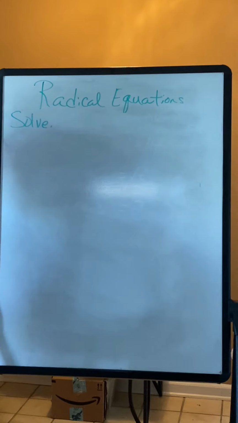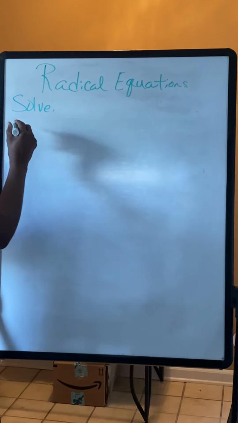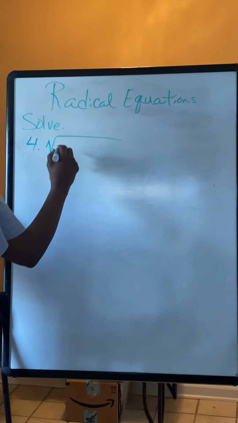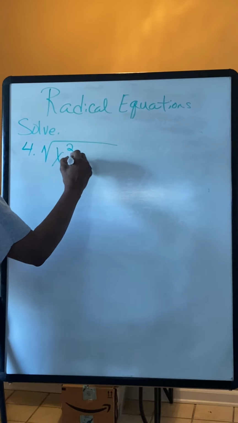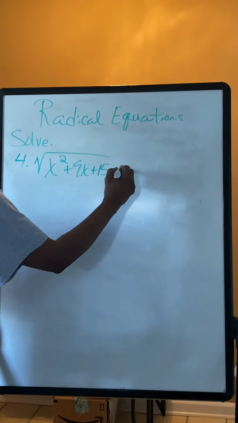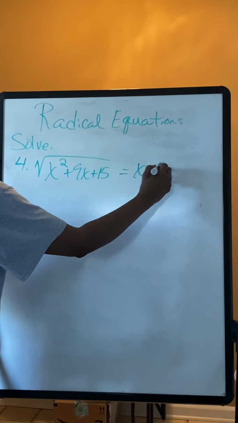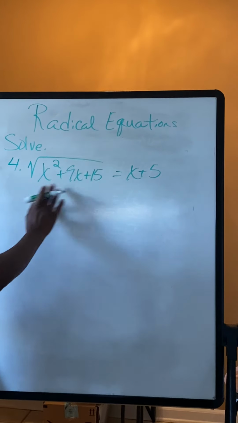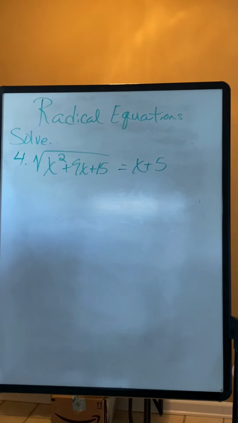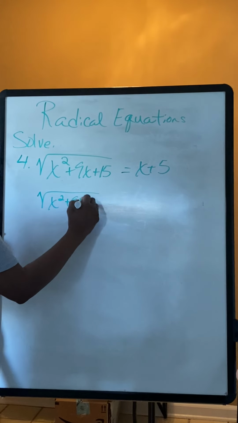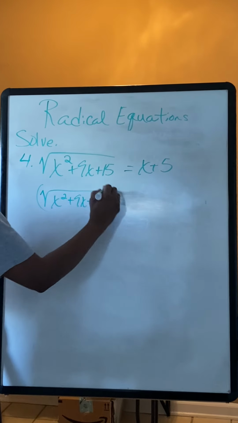Example 4. If I had the square root of the trinomial x squared plus 9x plus 15 and set it up to be equal to x plus 5. Again, I need to eliminate this radical symbol, so I will square both sides of the equation.